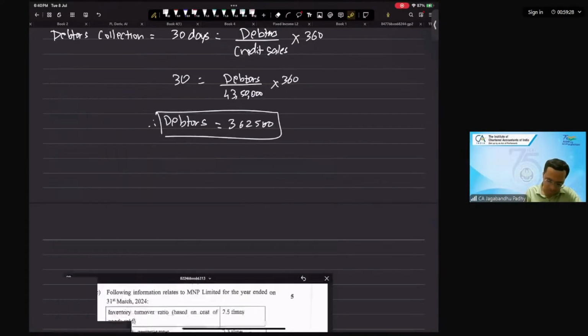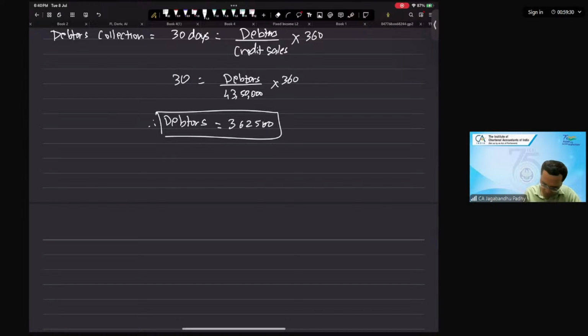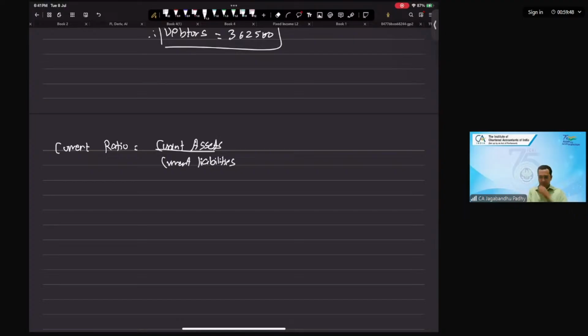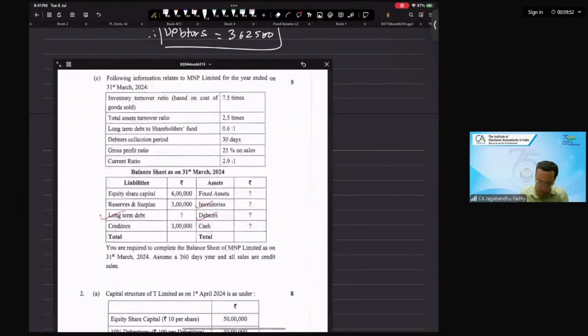So let's say the current ratio is current assets upon current liabilities. Okay.